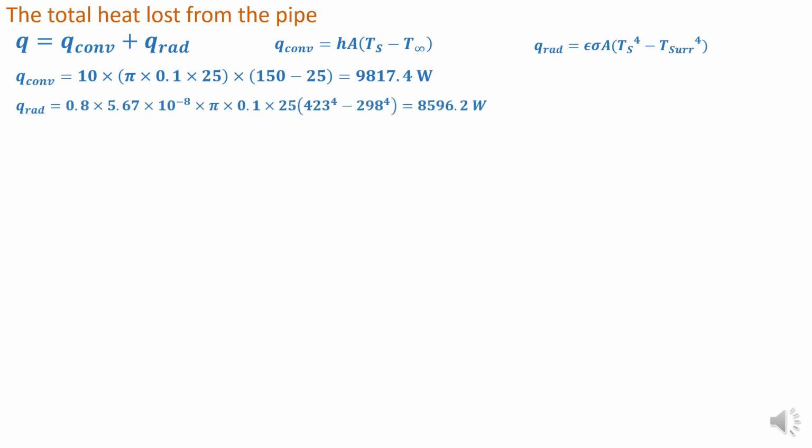Q radiation will be epsilon sigma A (Ts power 4 minus T surrounding power 4). Epsilon is 0.8, given in the problem statement. Sigma is the Stefan-Boltzmann constant, which is 5.67 exponent minus 8 watt per meter square Kelvin power 4. Area is pi dl, which is pi into 0.1 into 25.